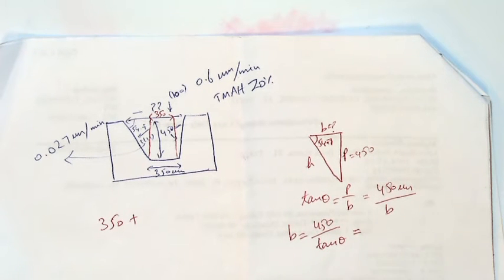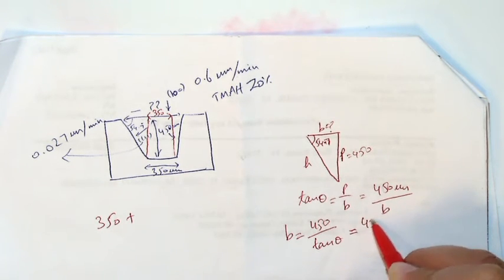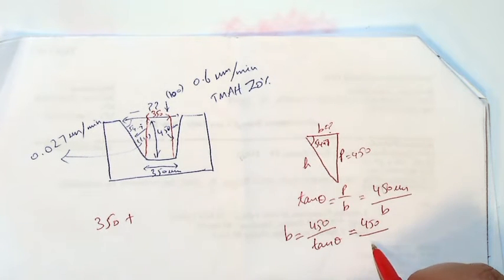Do you have calculators? You said 900 something? 987. Okay. Yeah, I just started. Micrometer. So, anyone who has a calculator? 3.6? You said 450 divided by 3.6?